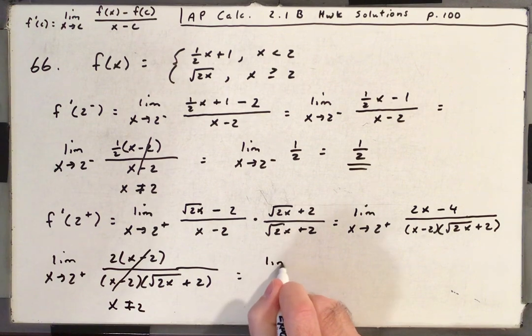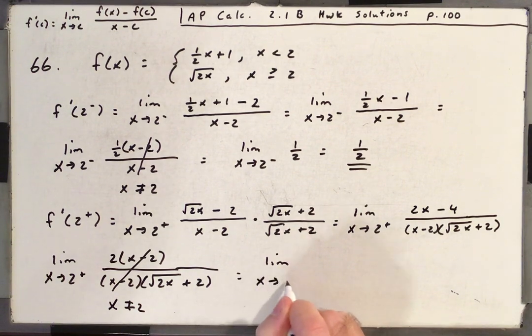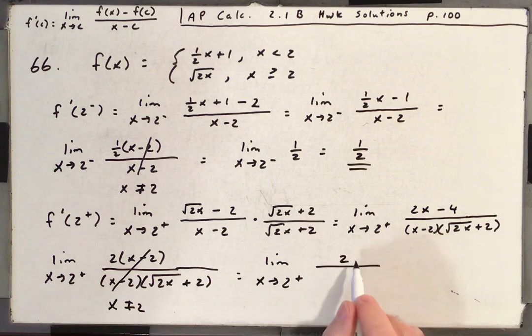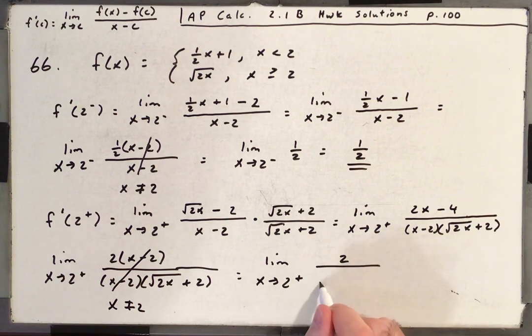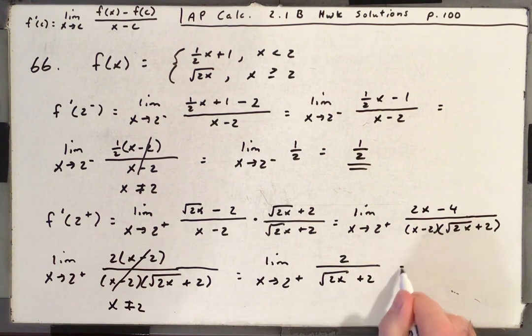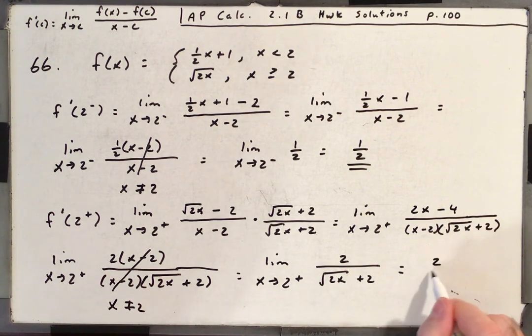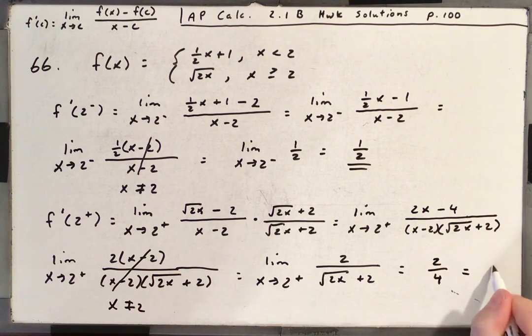And I've got the limit as x approaches 2 from the right of 2 over root 2x plus 2. So I got rid of that 0 on the top. Now we can plug in a 2. So that'd be root 4, which is 2. So that's 2 over 4, which is a half.